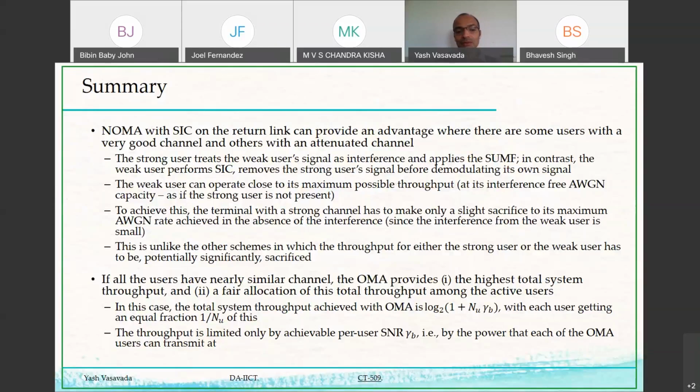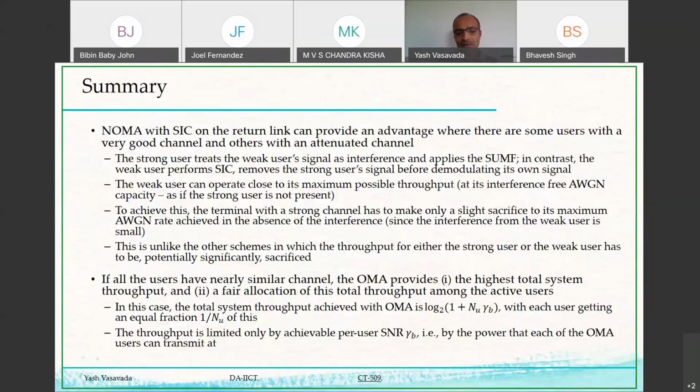And so what you would do is just divide the bandwidth in equal proportion, 50-50, and then you will get the total throughput, which is the best that can be attained from this information theoretic perspective.